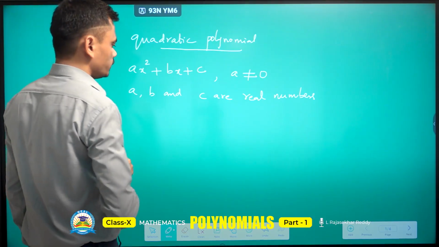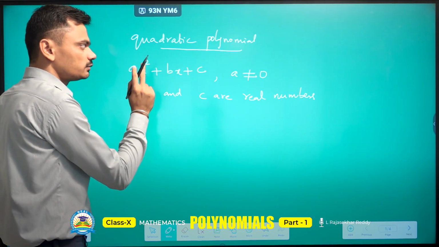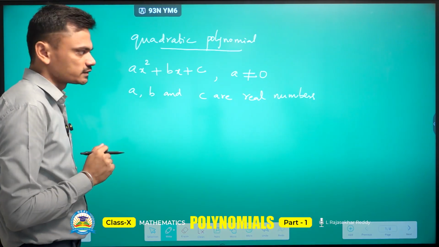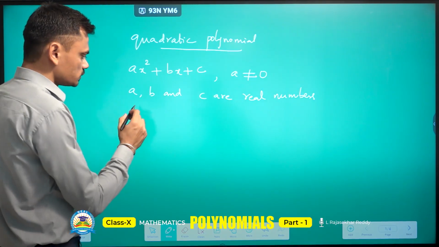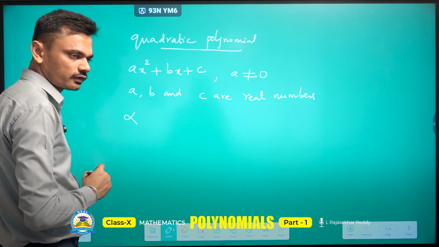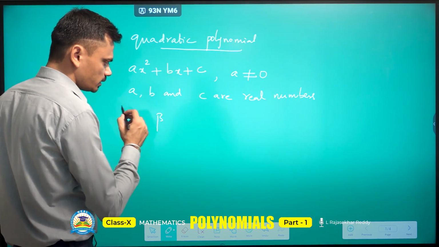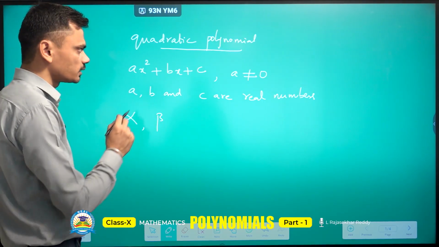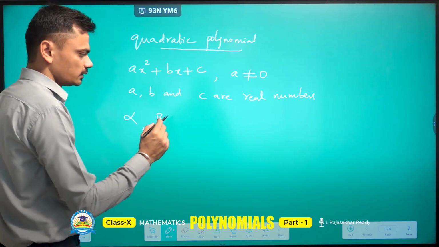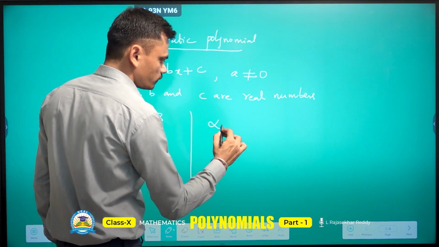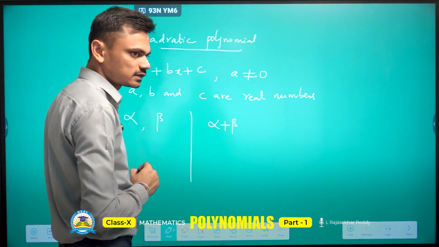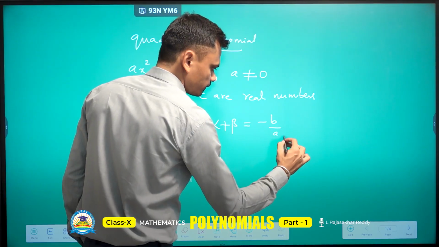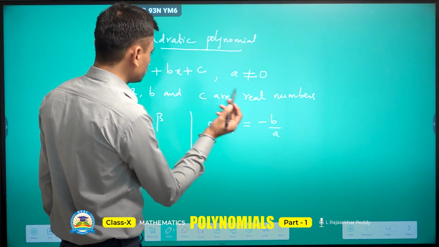Okay. Next. If you find the solutions of a quadratic polynomial, we can get two solutions, nothing but two zeros. Suppose one is alpha and another one is beta. Alpha and beta are two zeros of this quadratic polynomial ax square plus bx plus c. Then alpha plus beta, the sum of zeros, is equal to minus b by a. B is what here?